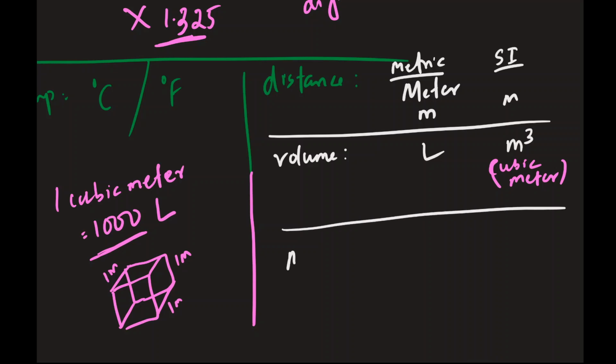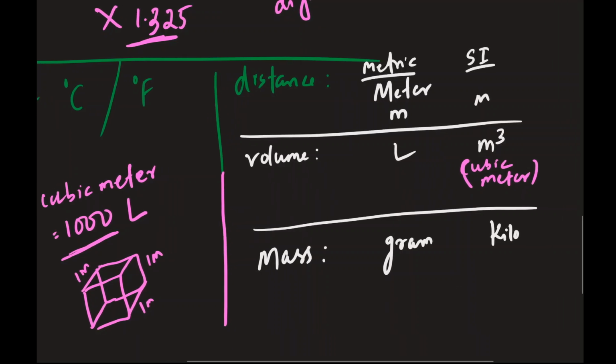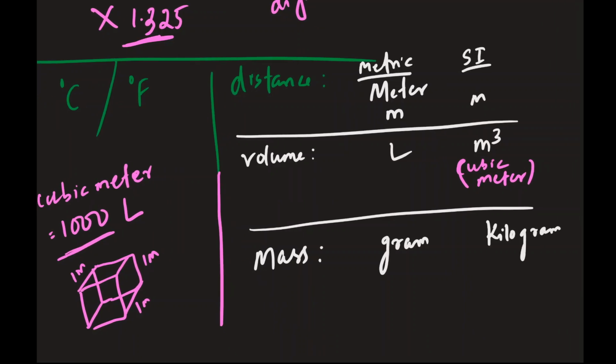Then what else do we measure? Mass, right? Do you guys have a kitchen balance? What is the unit? No ounce, right? Obviously we can measure in ounce, but we're not going to use ounce in our scientific community. The metric unit for mass is gram, and the SI unit is kilogram, kg.